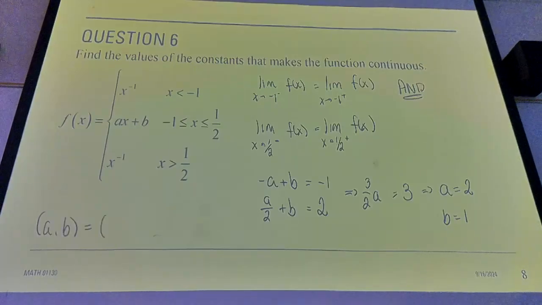The ordered pair (a, b) is the ordered pair (2, 1). Questions on continuity?